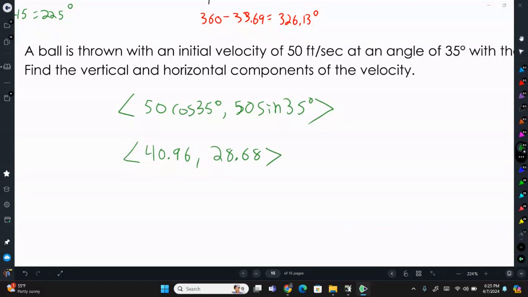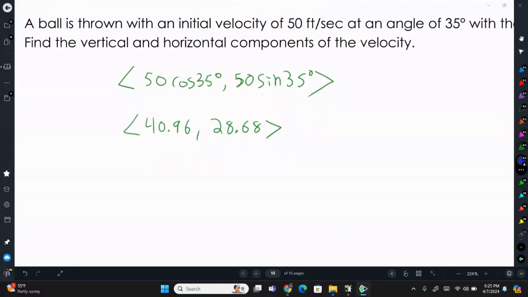And those are the components. So it's 40.96 feet per second for the horizontal, and 28.68 feet per second for the vertical component.